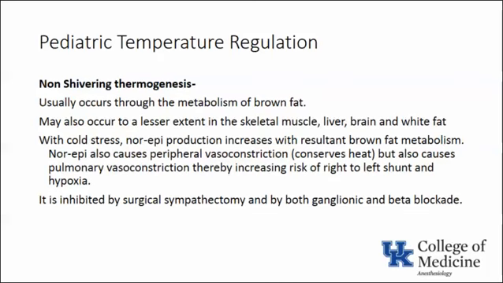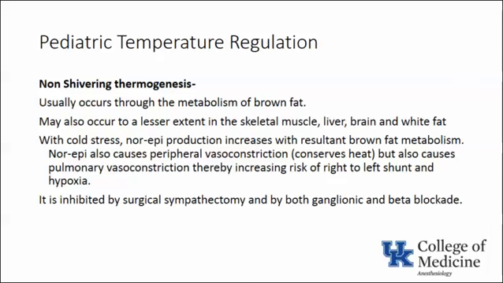And this occurs through the metabolism of brown fat, and to some extent, skeletal muscle, liver, brain, white fat, but it's mainly the brown fat. With the cold stress, there's norepinephrine production, and this results in brown fat metabolism. Along with that, it also causes peripheral vasoconstriction to conserve heat, but it doesn't stop there.